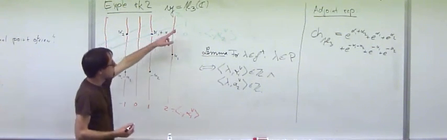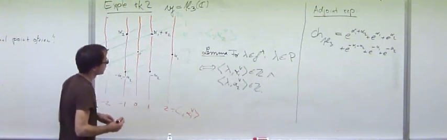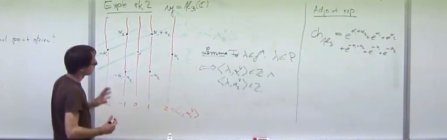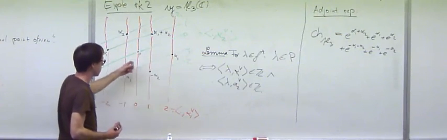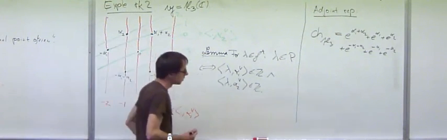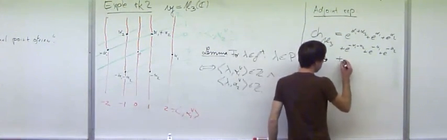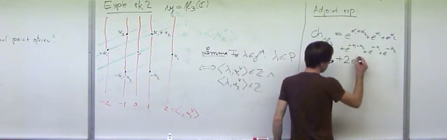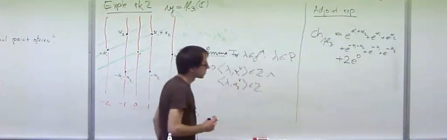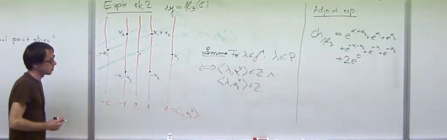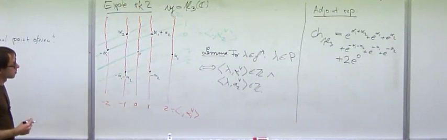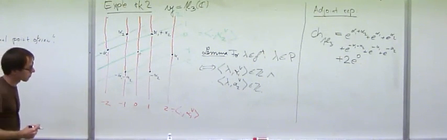It's 3 by 3 matrices, so diagonal matrices would be three-dimensional, but then there's the restriction that the trace is 0. So this is two-dimensional, so there is a plus 2 e to the 0. So this is the character of the adjoint representation.